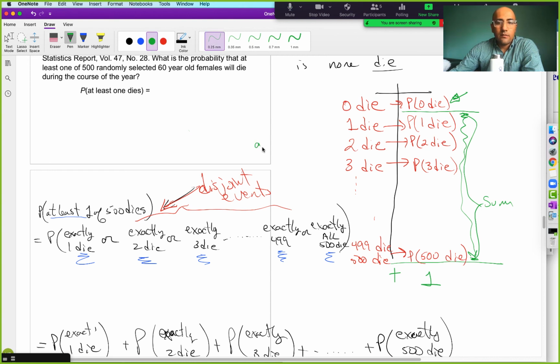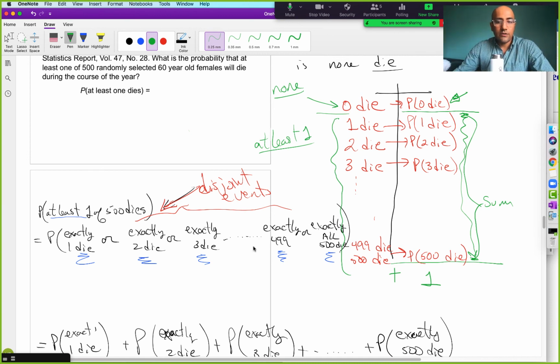At least one is all of these, and its complement is this one, none. None and at least one are complements of each other. Right? Together they partition all possible outcomes. Good, good, good, good. And this one's much easier to find.